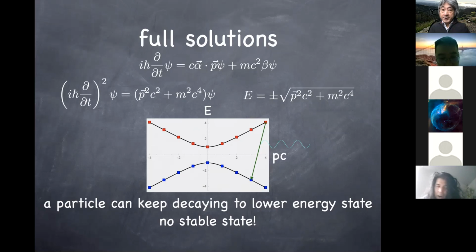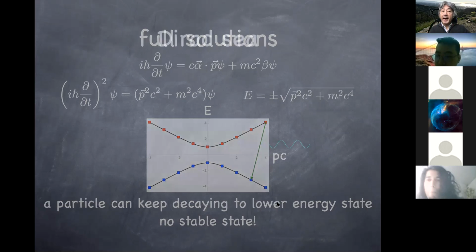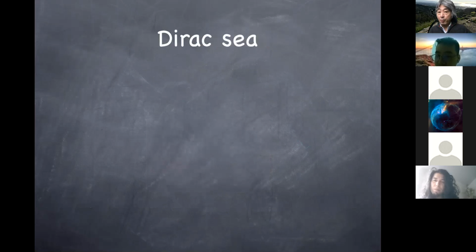So any questions about this argument? That there is a problem? Okay, so we can come back and talk about this slide next time, just in case you might have a problem with this. But here's the idea Dirac came up with to fix this problem.